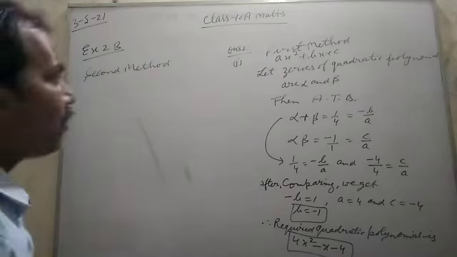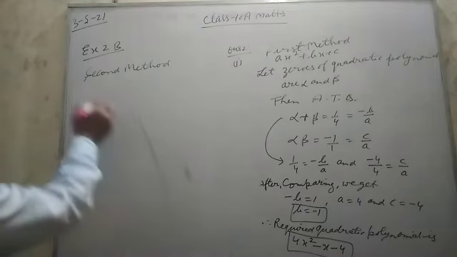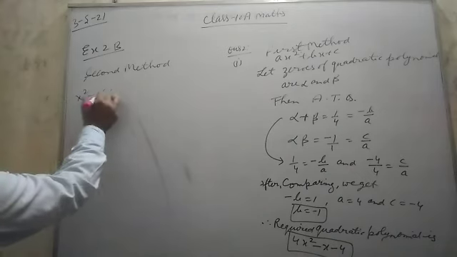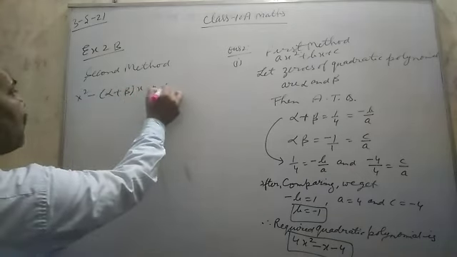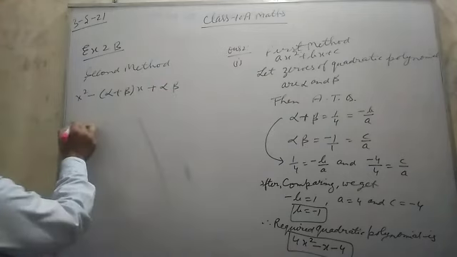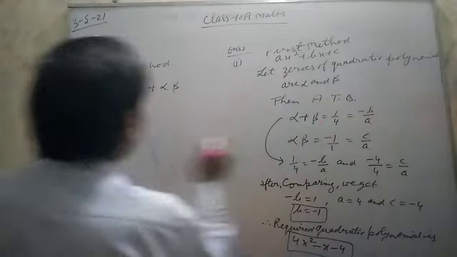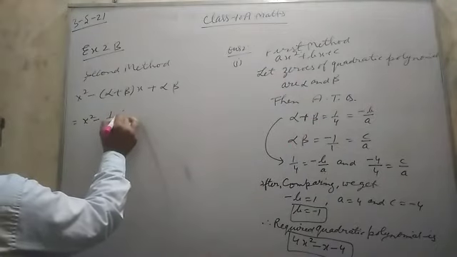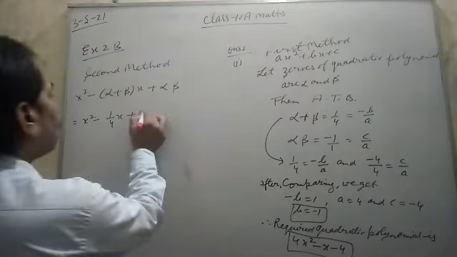Okay. So second method, you know that if zeros are given, then the quadratic polynomial formula is x square minus (alpha plus beta) into x plus alpha beta. So x square minus alpha plus beta, directly given 1 by 4, 1 by 4 x plus alpha beta, minus 1.